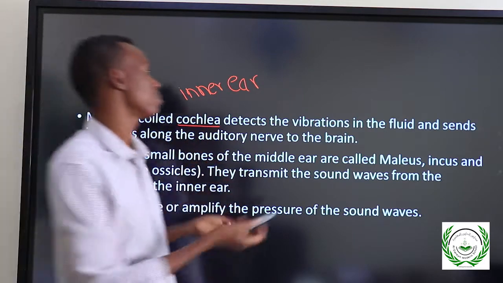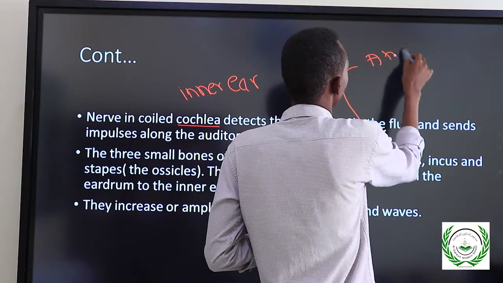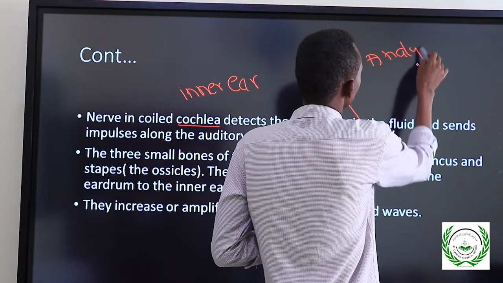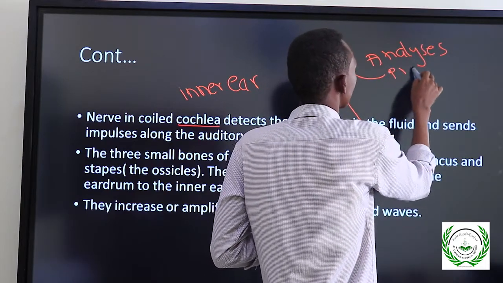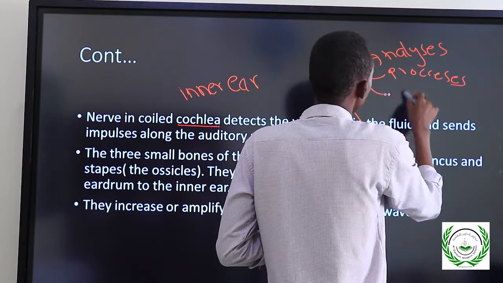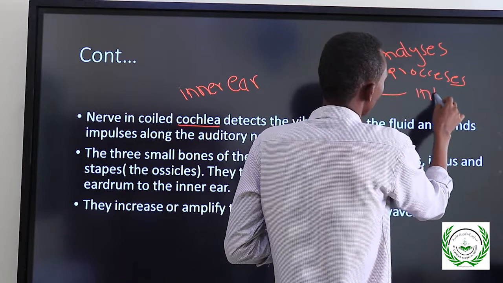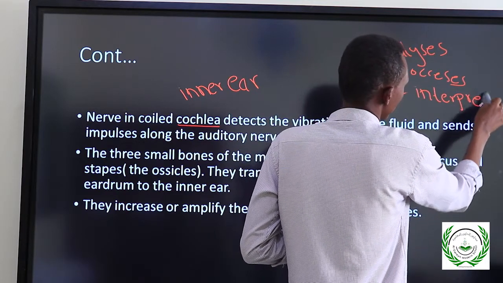Then the brain analyzes and processes the sound, and finally interpretation of the sound takes place. What kind of sound is this?